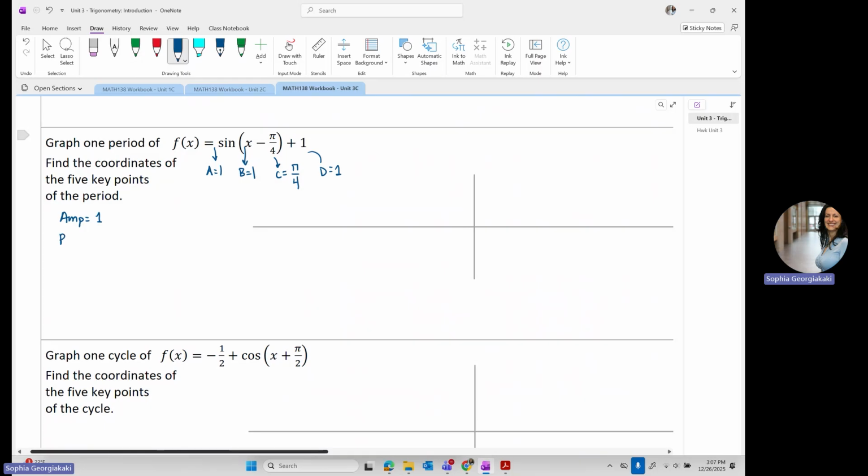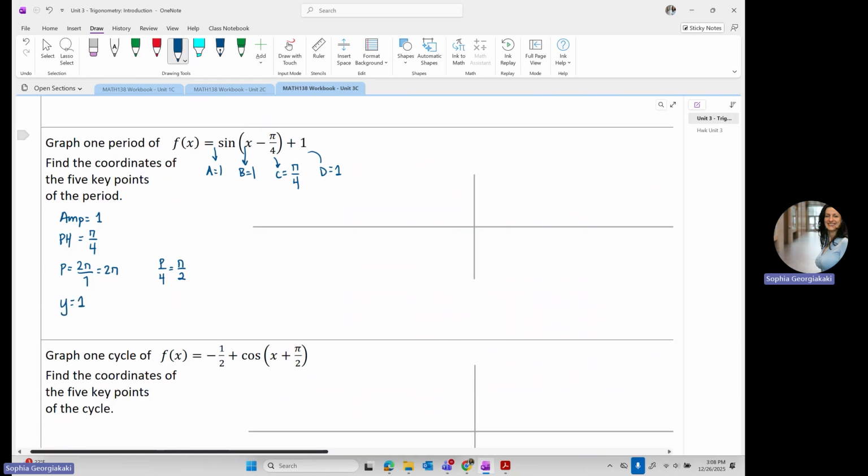I have a phase shift of c divided by b, which is pi quarters. I have a period of 2 pi divided by b, which is 1. So 2 pi. And that means that my quarters will be pi over 2 because it's 2 pi divided by 4. And then I have a midline of y equal to 1.